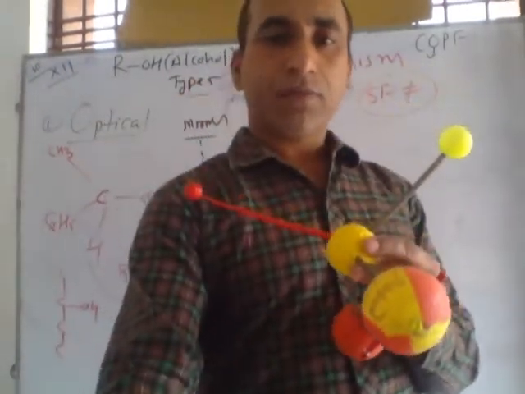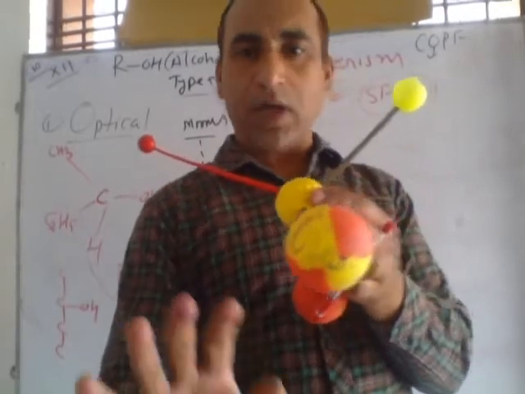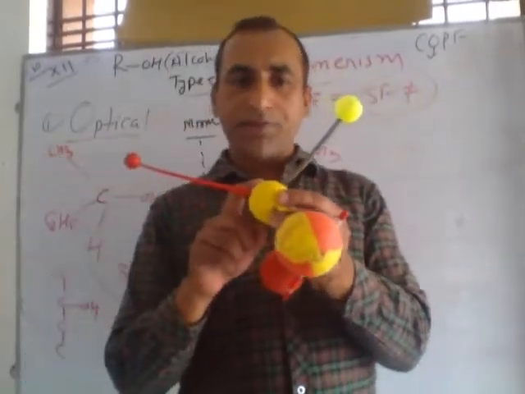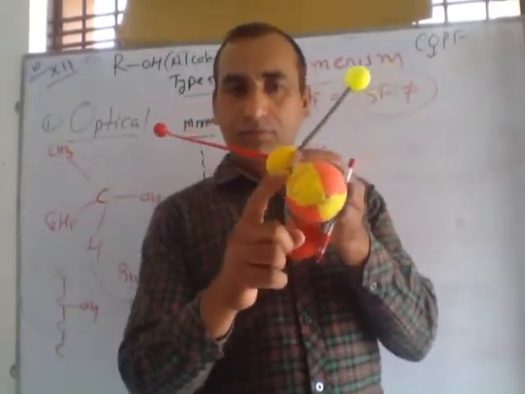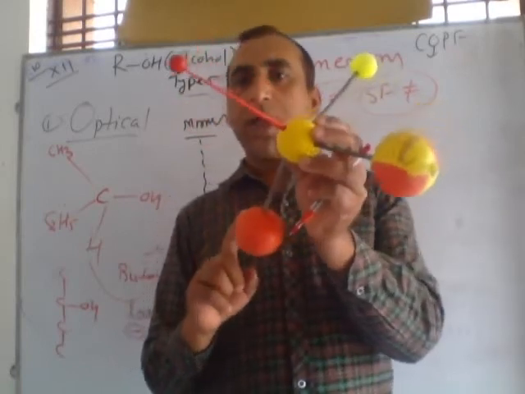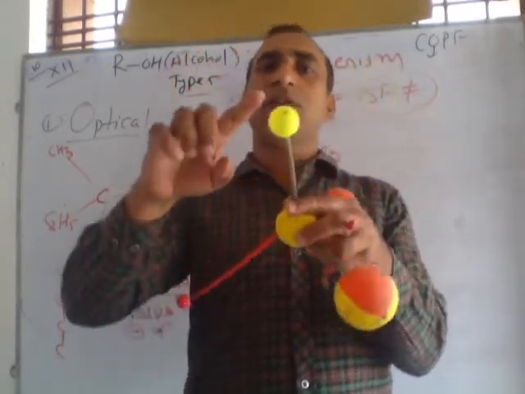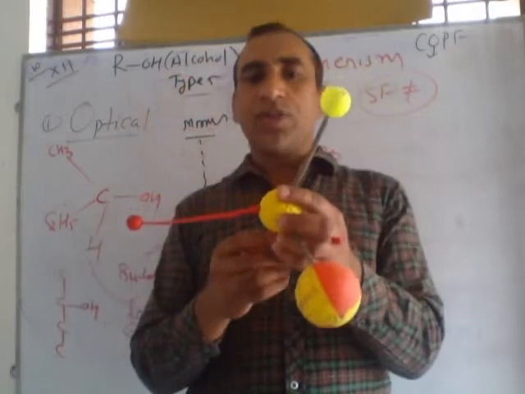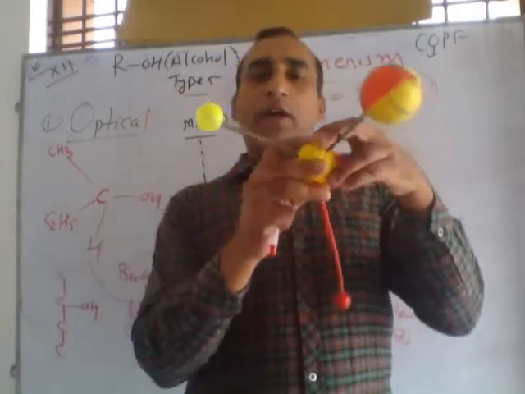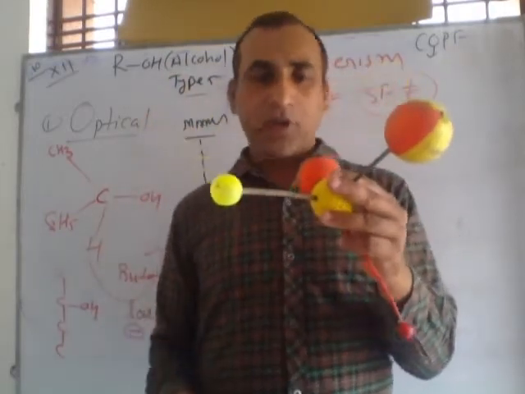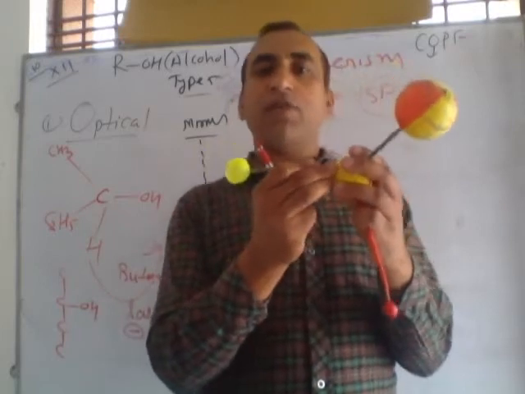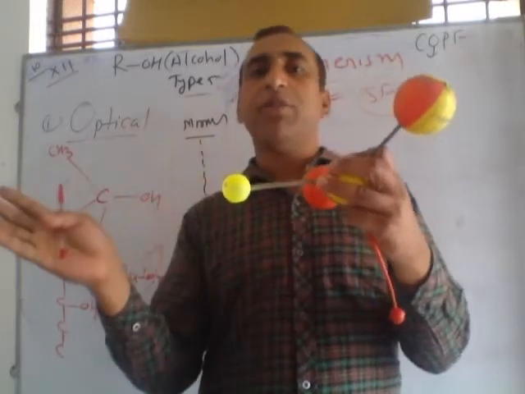Suppose this is in the middle. This is a chiral compound, a carbon atom. Suppose this is ethyl, methyl, hydrogen, and this is the OH group. So this is a chiral compound and exists in a tetrahedral structure. What type of image will form of this compound inside the mirror?